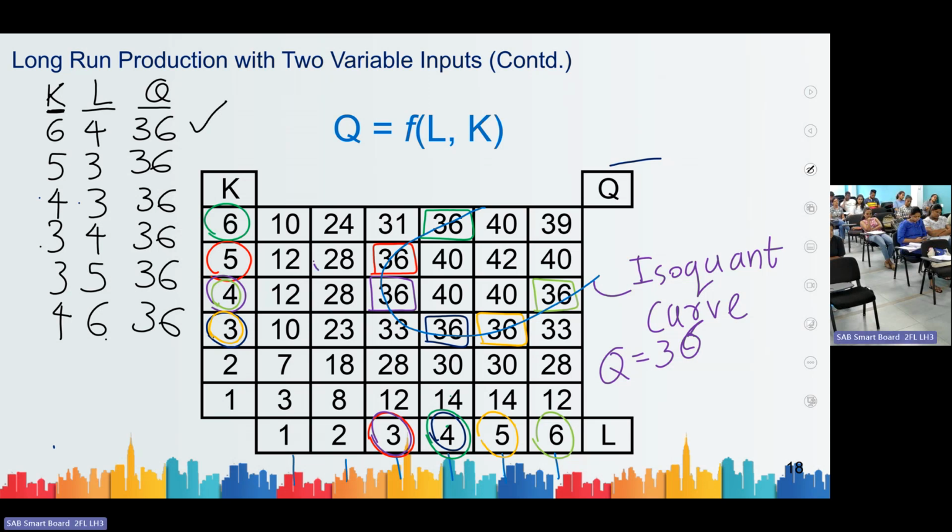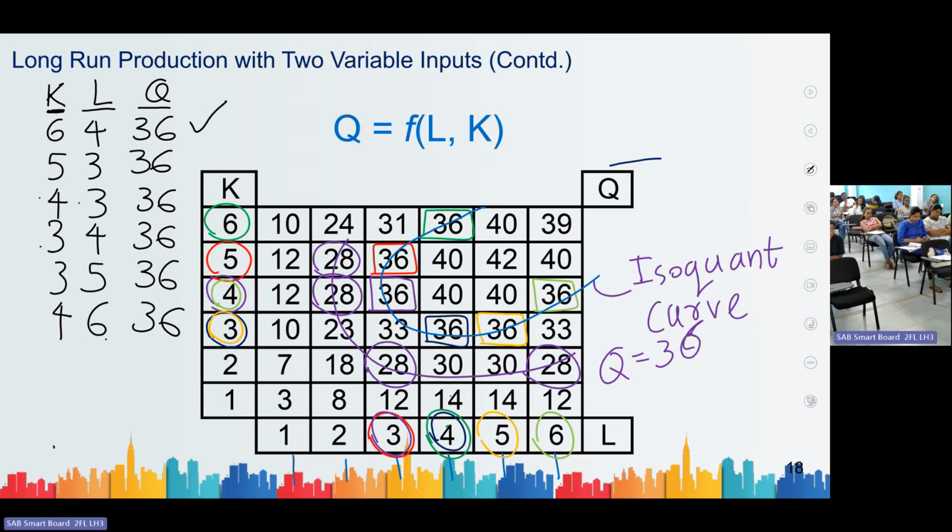This is one, this is another one, this is another one. By combining these, we have another isoquant curve for Q equals 28.